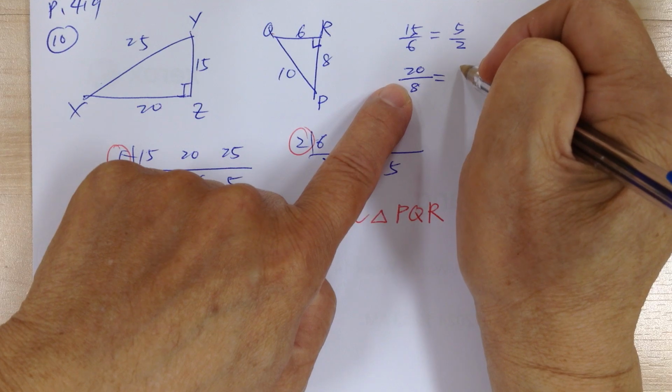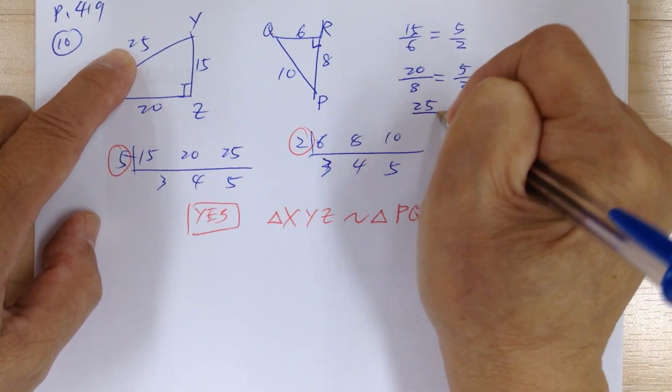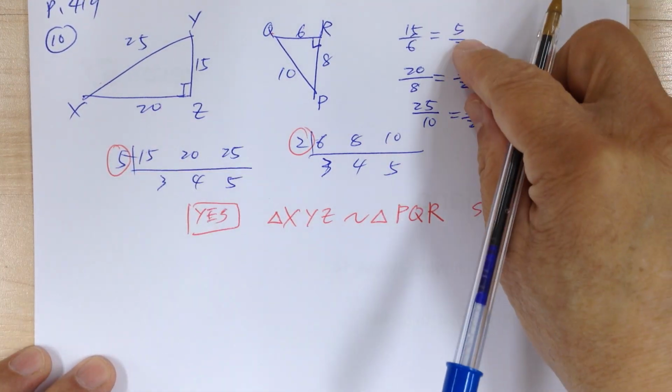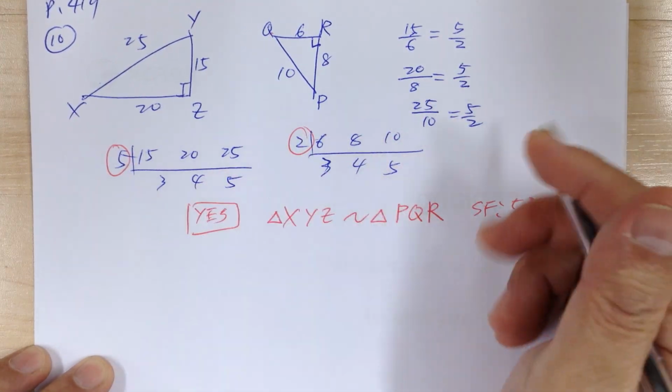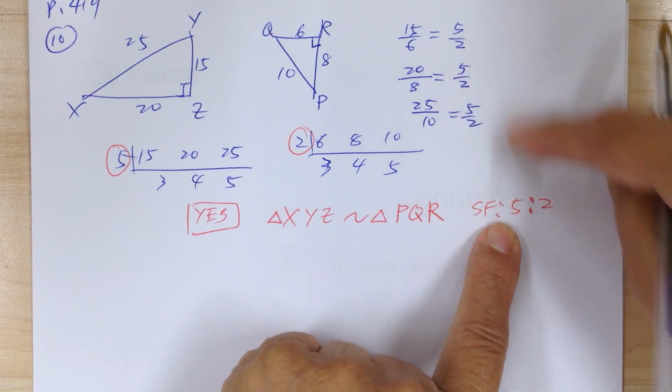You can divide by 4, you get 5/2. And the longest length, you get 25/10, equal to 5/2. So this is a different way of doing it. You can do either this way or this way. The advantage of this is that you get the scale factor of 5/2 already.